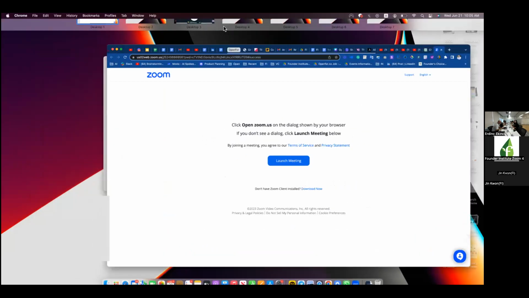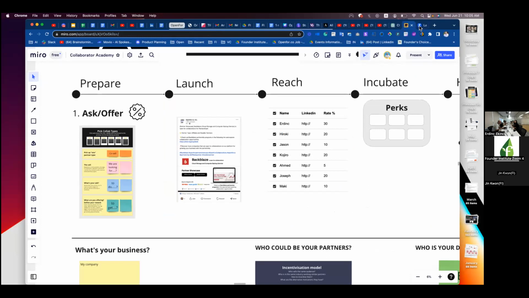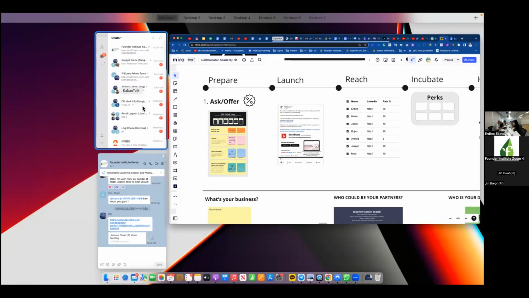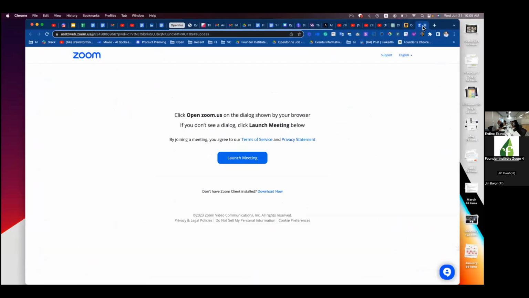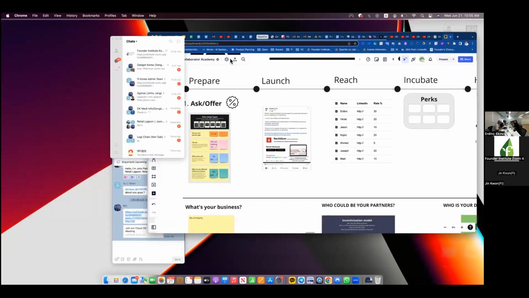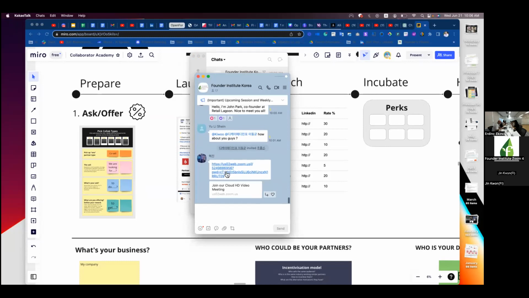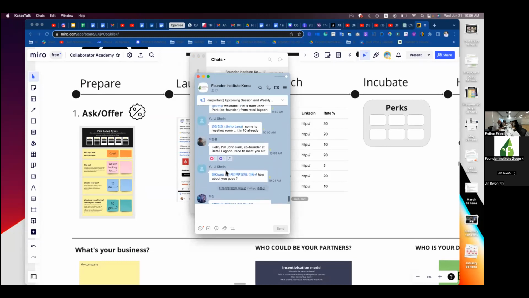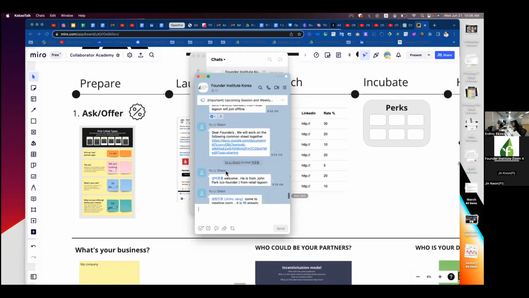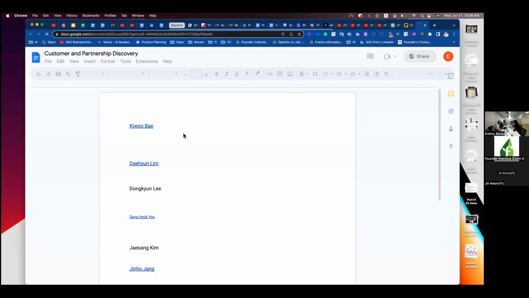Can you go to the Kakao? No, not Zoom. You don't need to join. I accidentally closed it. Did you send to Kakao? This is the Zoom link only. Oh, really? I'm going to send. Sorry, this you already sent. Okay, but you need to resend.